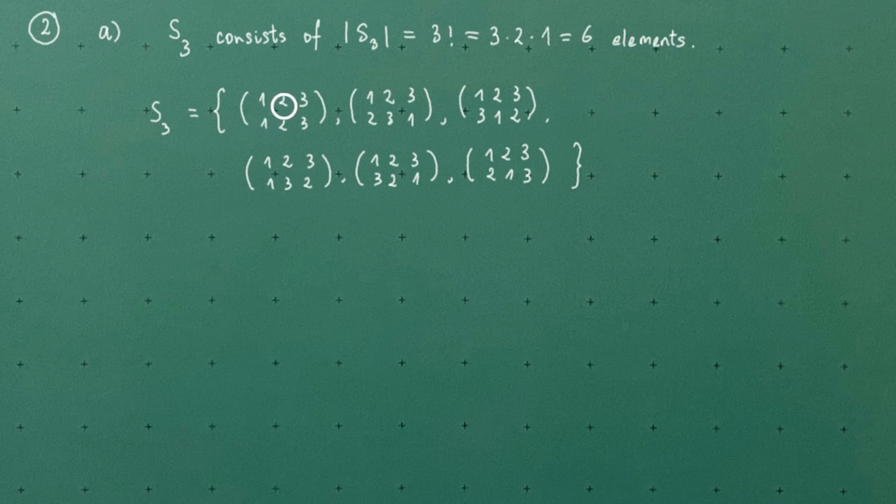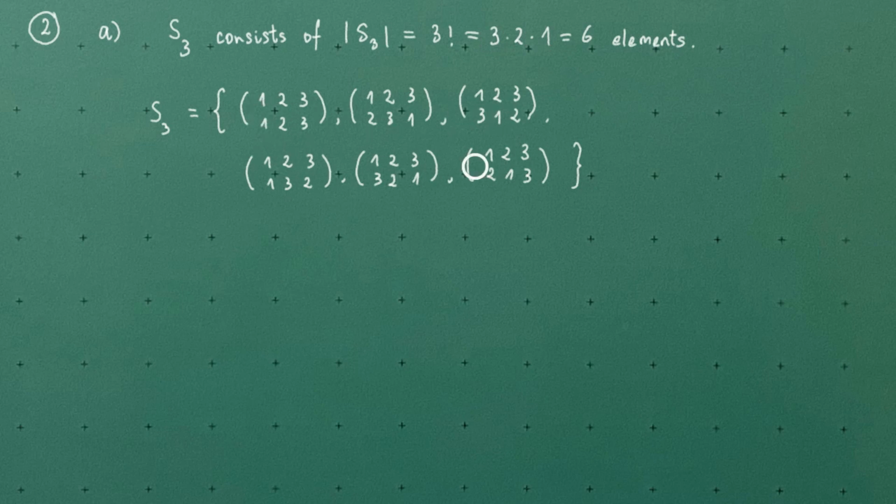For the second number, there remain only two possibilities, because I cannot have the same number here. Like for example, here 1 and here 1, this would not be bijective. So only two possibilities remain. And for the third number, there is only one possibility left if I want to have a bijective map. So all in all, we have 3 times 2 times 1, making 6 elements.